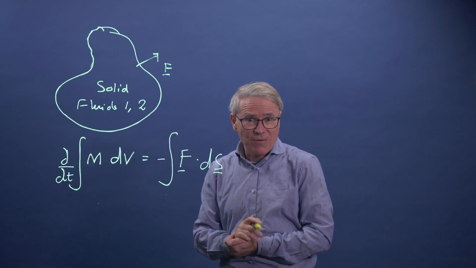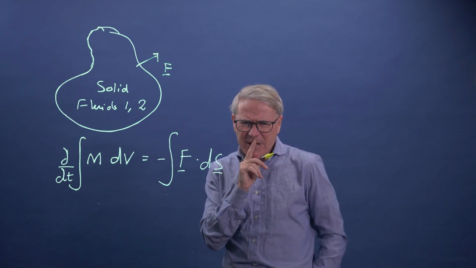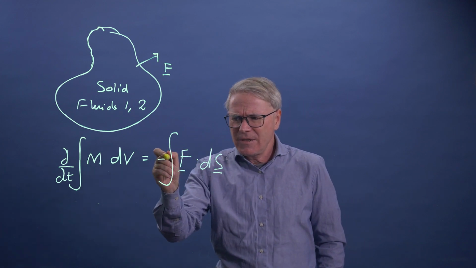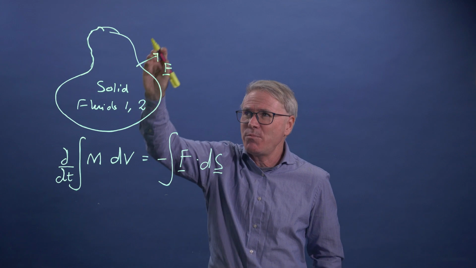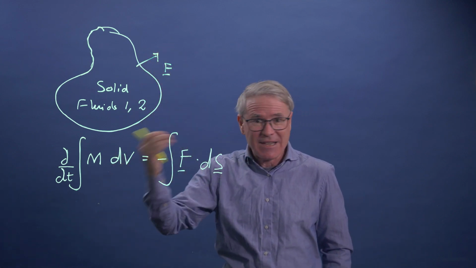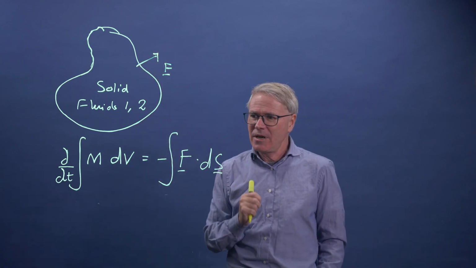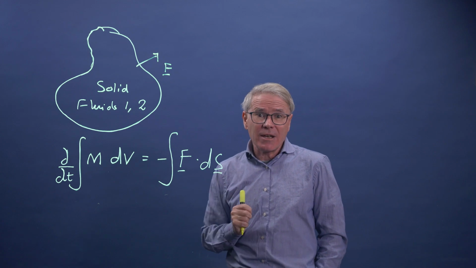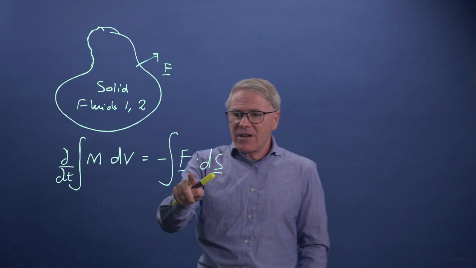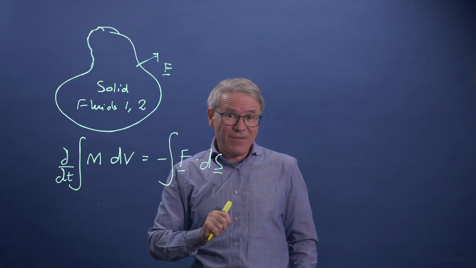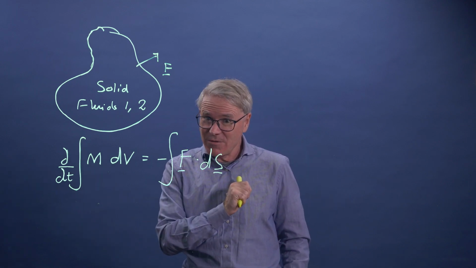So the flux over the surface, but now I need to get my signs right. This is a minus sign, isn't it? Because if I have a positive flux that's out, my mass is actually going to go down. Now I'm going to use Gauss's theorem, and I'm going to convert this surface integral to a volume integral.